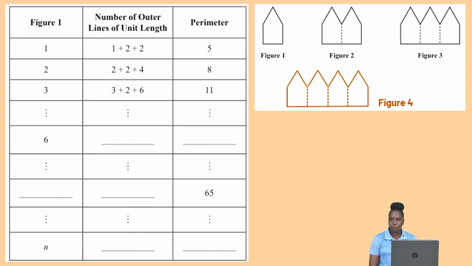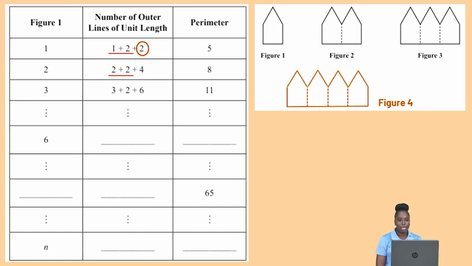So when we look at the first row under the number of outer lines, the second column, we notice that we have 1 plus 2, and then plus 2. So we'll come back and maybe discuss why those are looking the way they are. We'll also see for figure 2 that we have 2 plus 2 plus 4.